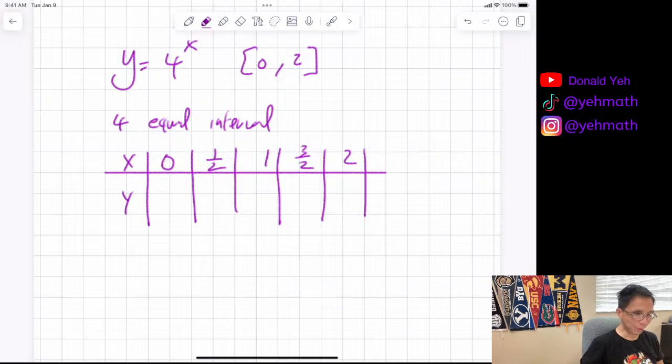And we're able to evaluate each value. What's 4 to the 0 power? What's 4 to the 1/2 power? What's 4 to the 1 power? What's 4 to the 3/2 power? What's 4 to the 2 power? 16.